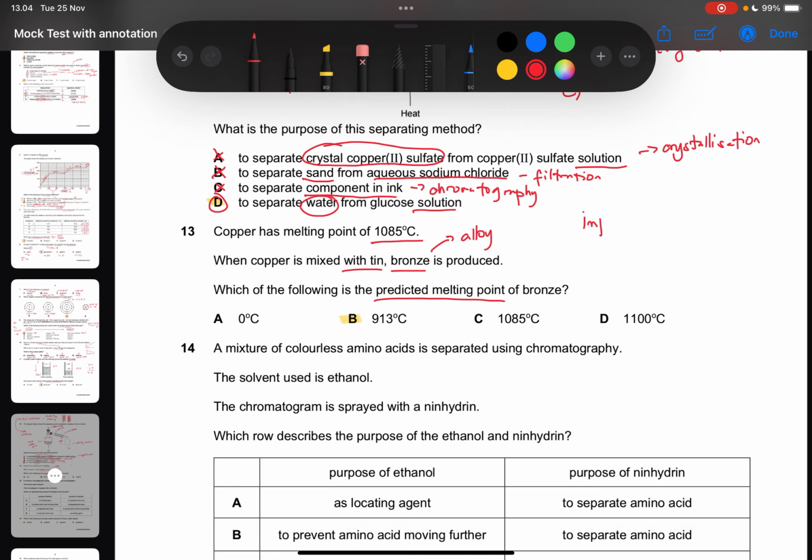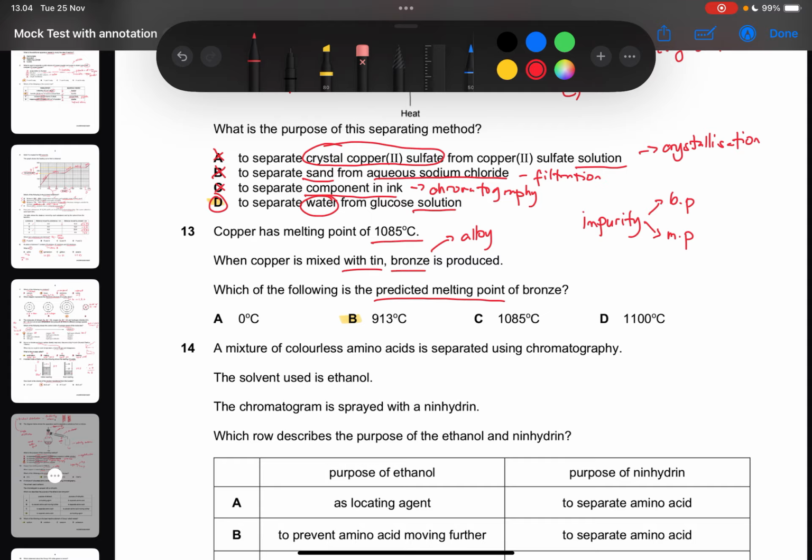Remember, impurity, when you add something to a pure substance, it will become impure. Therefore, its boiling point and its melting point will be affected. One way to find out if a material is a pure substance is by checking if it has a fixed boiling point or melting point.